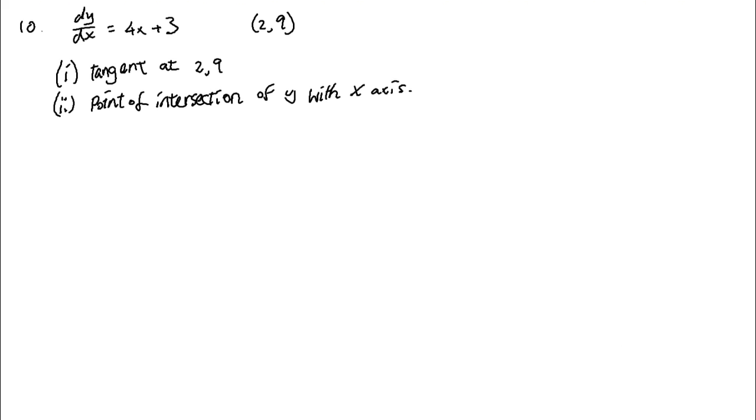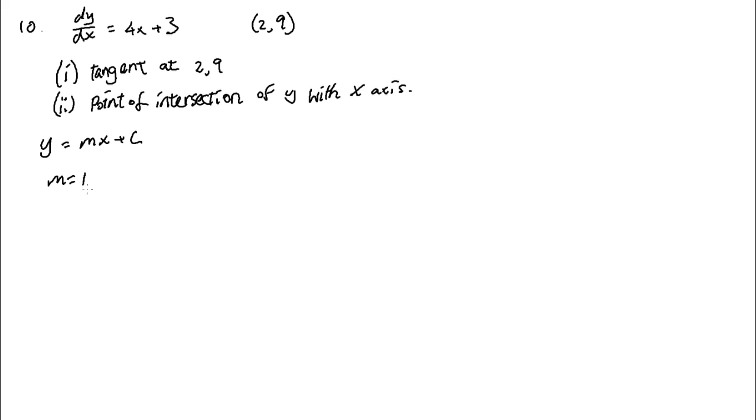Okay, so let's start with parts 1 and 2. For part 1, a tangent is a straight line, so y equals mx plus c, where m is the gradient, and we know that at the point (2, 9), the gradient dy by dx is equal to 4 times 2 plus 3, which is 11.